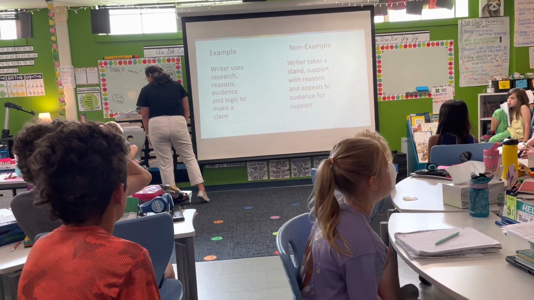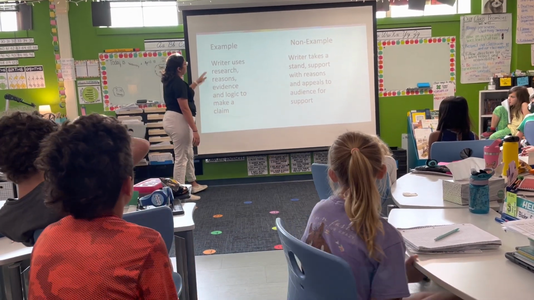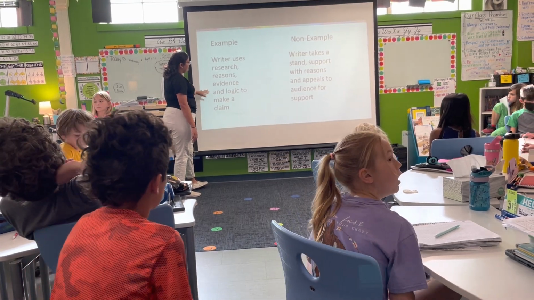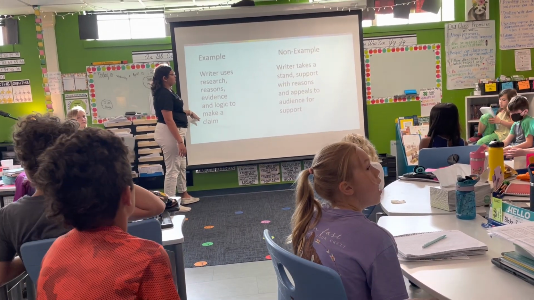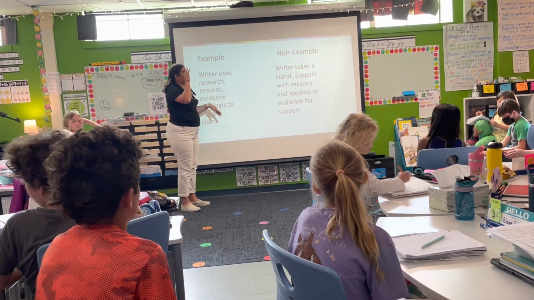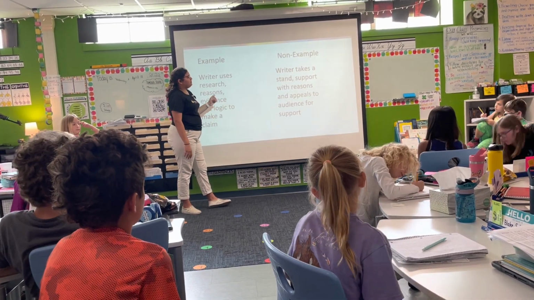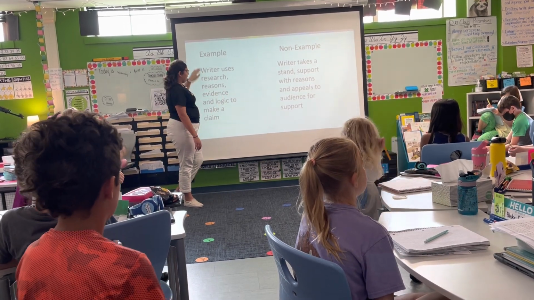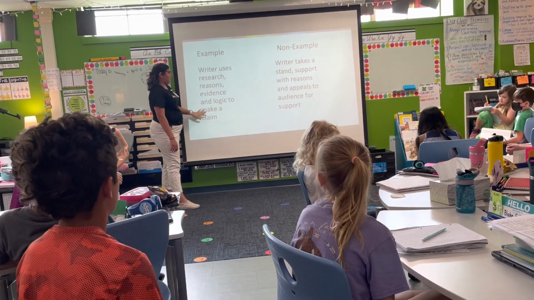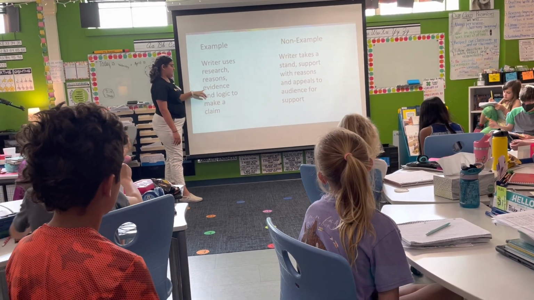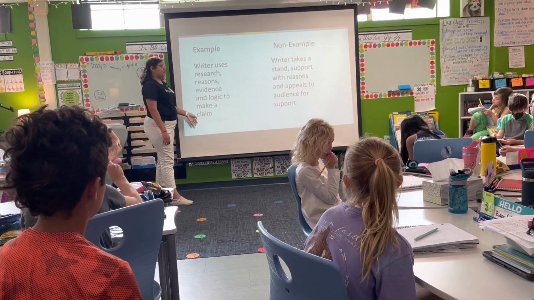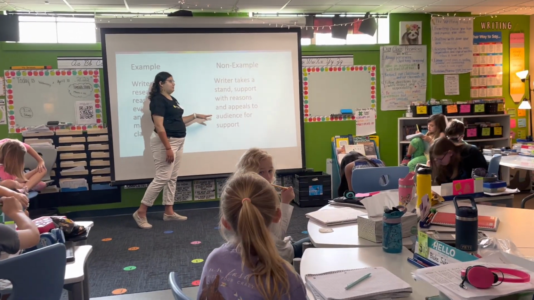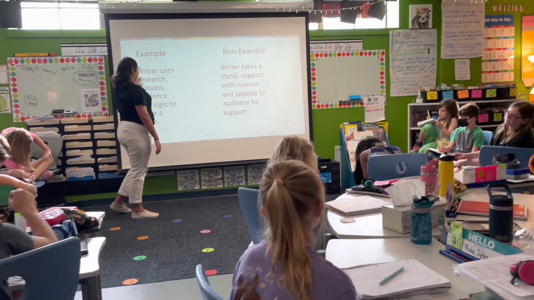And this example is again about the sharks, but the writer uses research, reasons, evidence, and logic to make a claim. And this non-example is that the writer takes a stand, supported with reasons, and appeals to the audience for support. So you want to go based on reason, research, evidence, and logic to make the claim, and you do not want to look to the audience for support. You just want to stick with this.